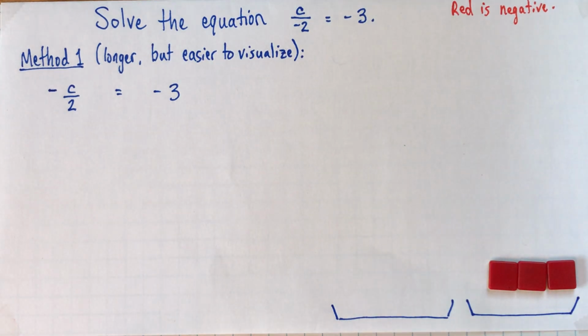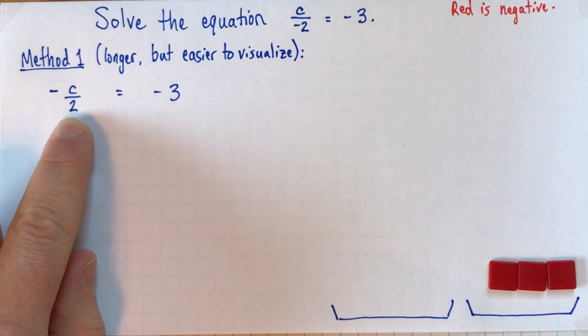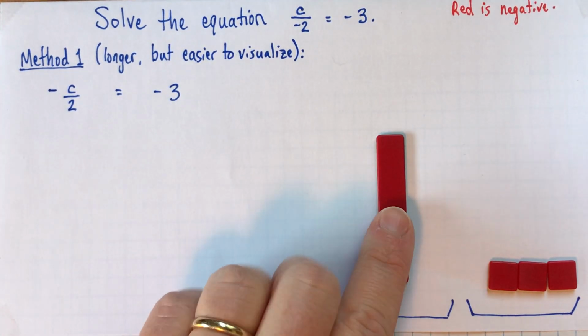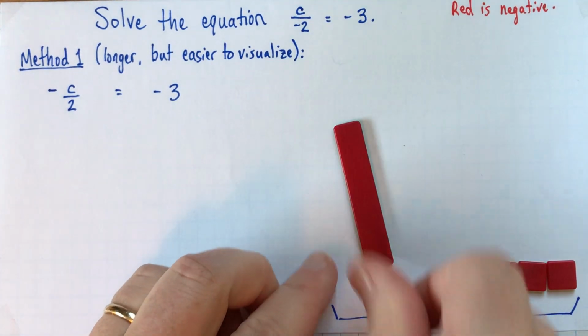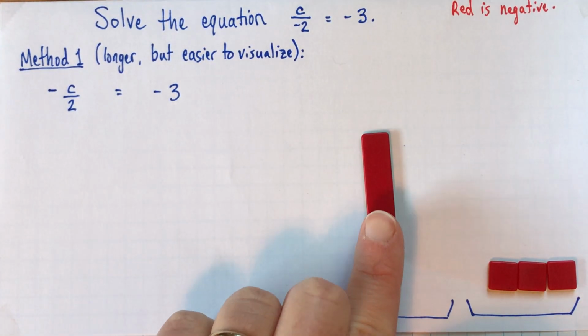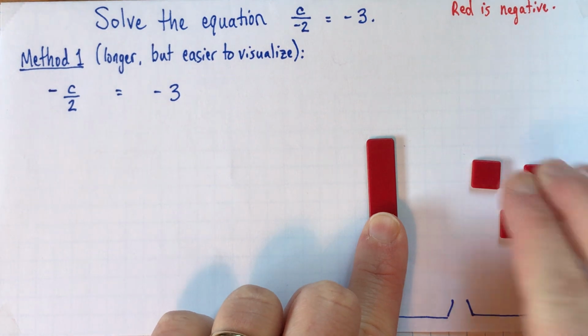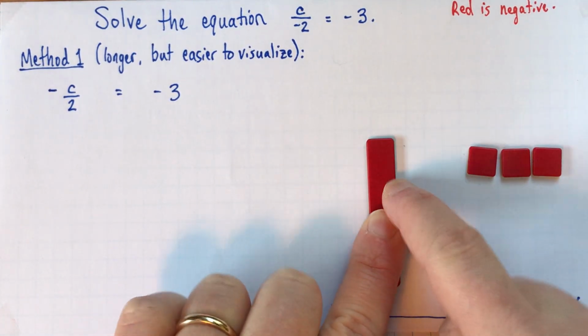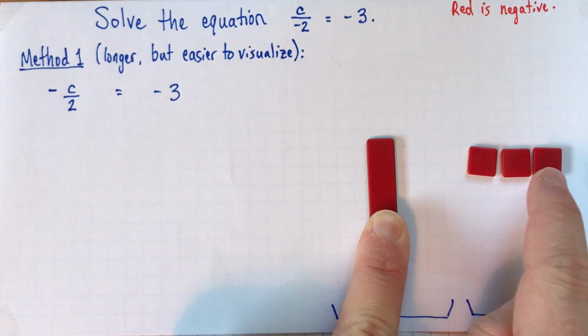So the -3 on the right is easy to imagine. Now we need to think of what is negative c divided by 2, or half of c. So what it is, this is my negative variable tile, and so half of it, we'd have just this much here. Okay? So this part of my -c is equal to -3.